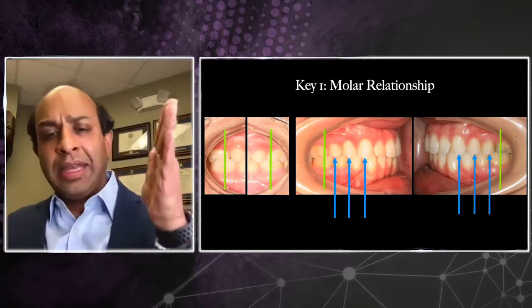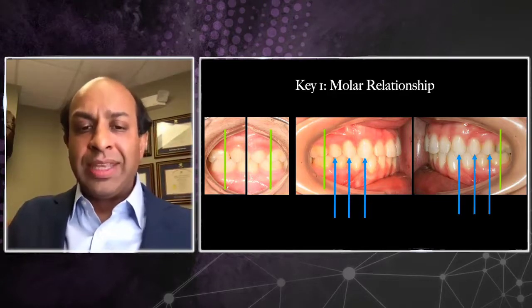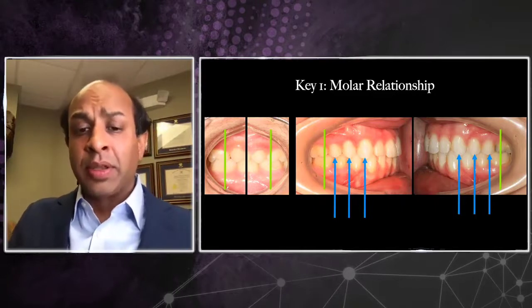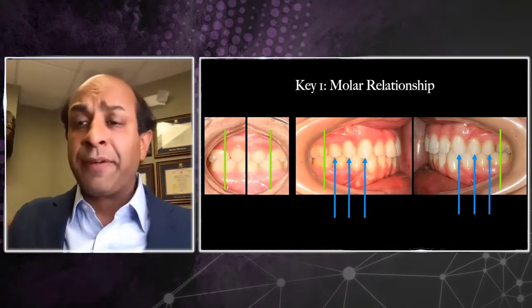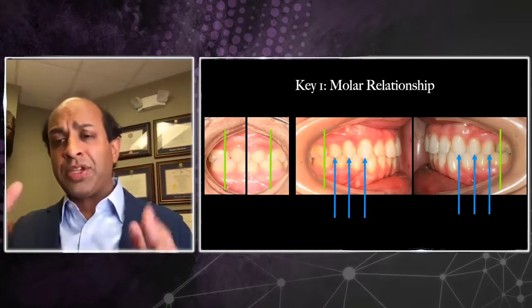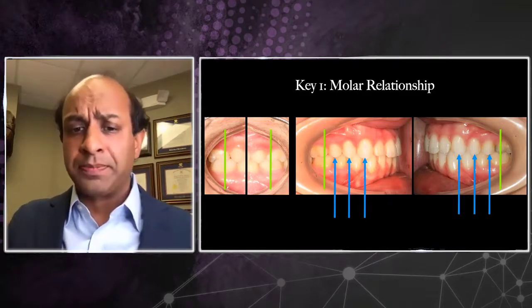So then the upper second premolar will engage with the embrasure space between the lower second premolar and the lower molar. Mesial to that, the upper first premolar or maxillary premolar will engage with the embrasure space of the lower mandibular first premolar and second premolar.